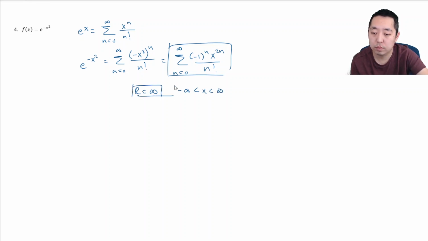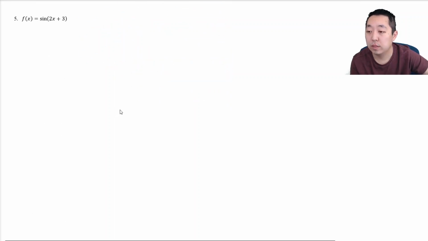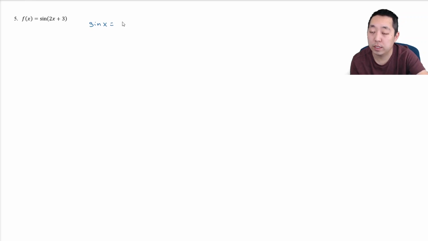Okay. Let's look at number 5. Sine of 2x plus 3. Well, sine x has this series, n equals 0 to infinity, of (-1)^n over (2n plus 1)! times x to the 2n plus 1. It's odd because sine is an odd function. That's how I remember it.